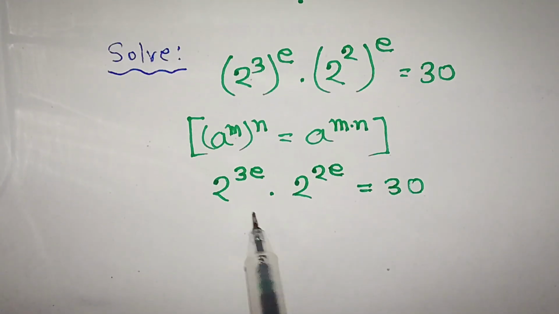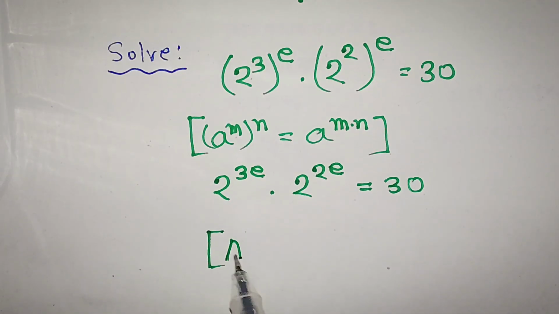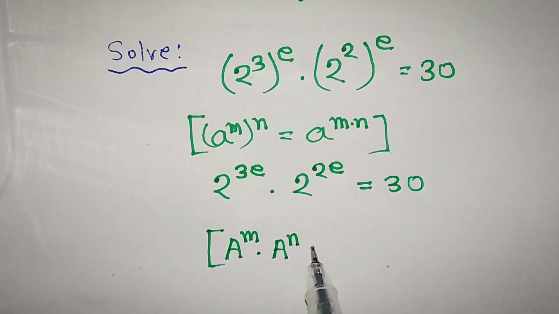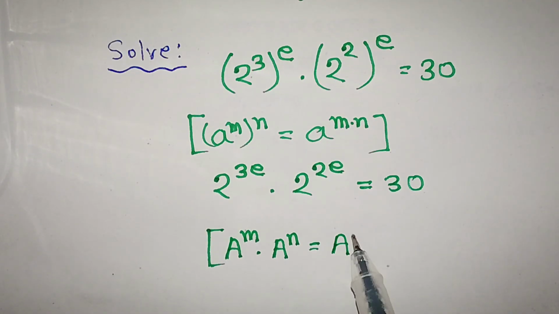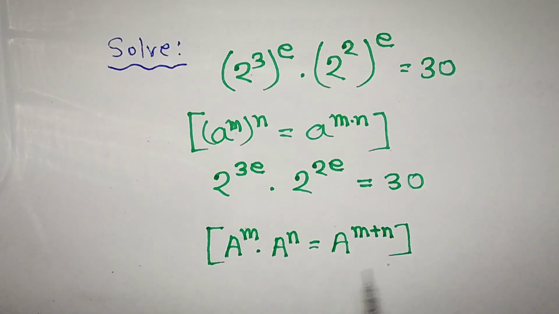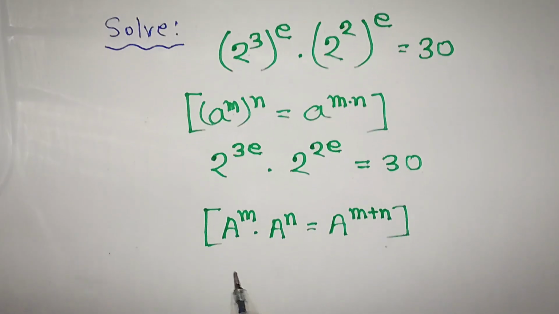So after that we can write another exponent formula: a to the power m times a to the power n equals a to the power m plus n. This formula helps us to simplify this equation like this.